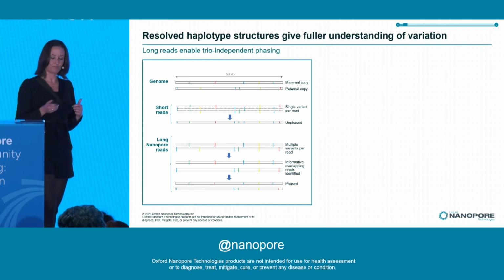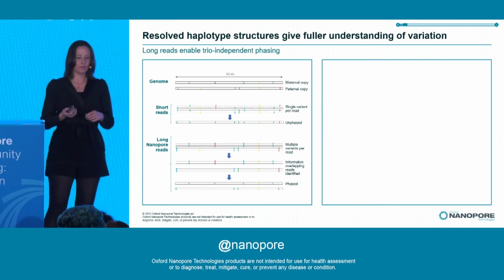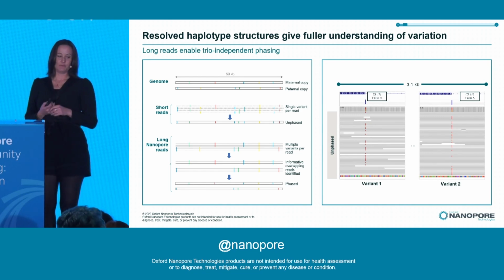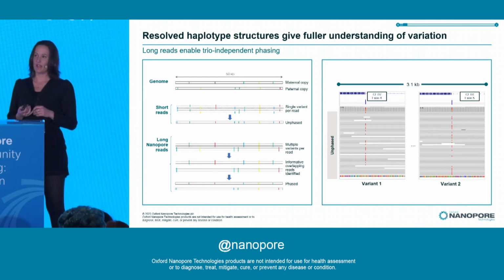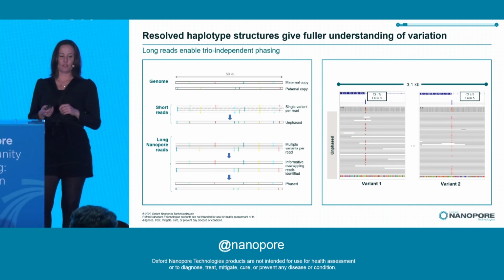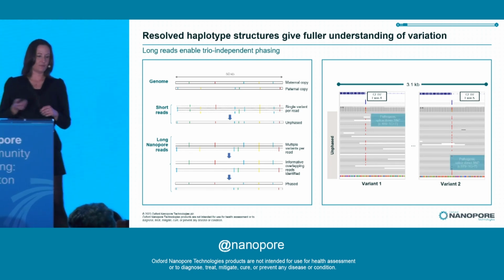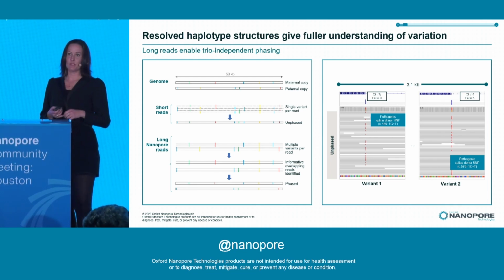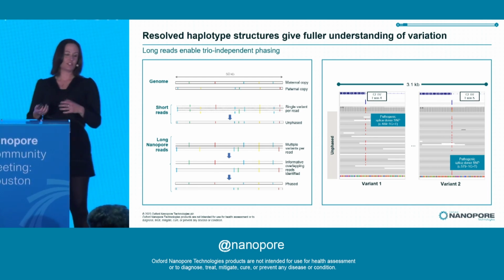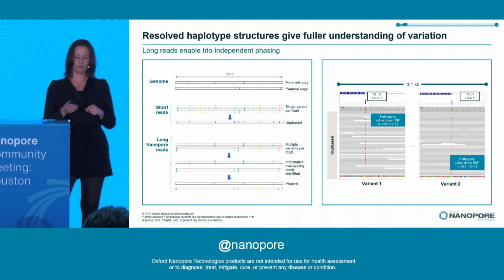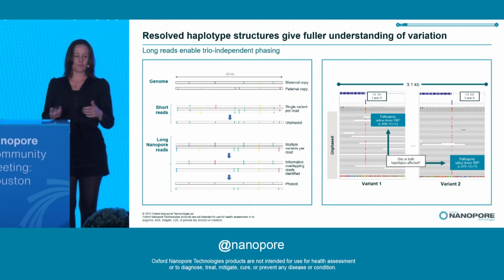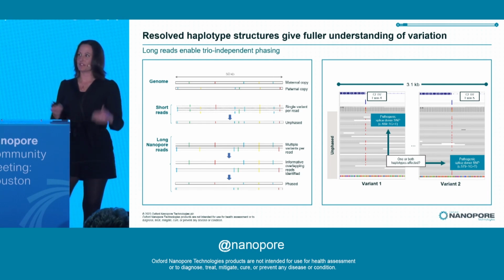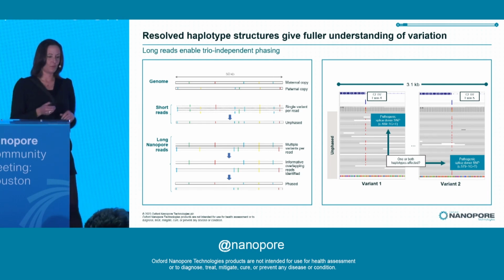That can be used to determine whether you have effects on both haplotypes or on the same one. As an example, here we're looking at the CFTR gene in a short-read view. You'll see that there are clearly two different variants here. They're both pathogenic, and they both cause the gene to be non-functional. But in this short-read view, you can't tell if both haplotypes are affected. It's basically impossible to tell if they're on the same haplotype or on different ones.